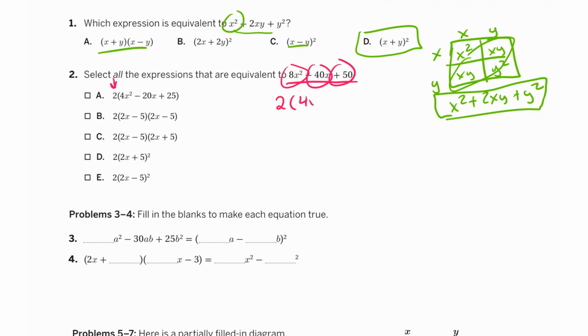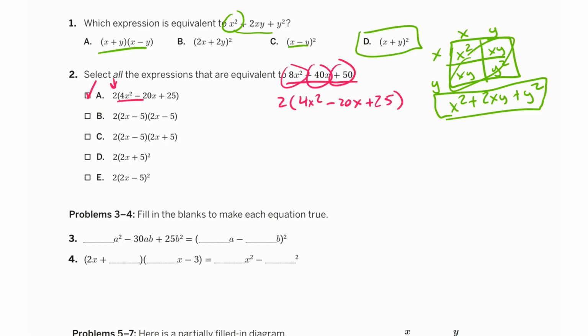This becomes 4x squared, this becomes negative 20x, and this becomes plus 25. That's factoring out, the opposite of the distributive property when we multiply things in. So we end up getting 2 times 4x squared minus 20x plus 25, which is A.